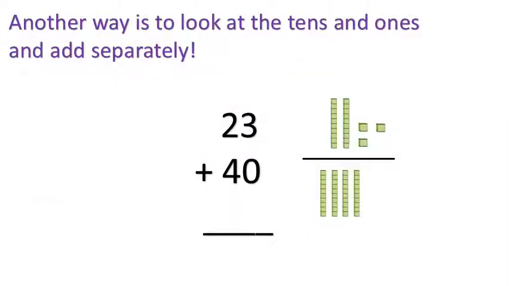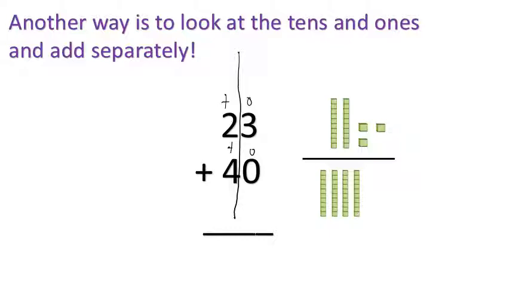Another way is to look at the tens and ones and add separately, which is what I said before, right? So here I have in my first group what? 23. What's in the ones place? 3. What's in the tens place? 2. Let's look at 40. What's in the ones place? 0. What's in the tens place? 4. That's right. So I'm going to separate them. I'm going to put an imaginary line down the middle. I'm going to separate them and add my ones place first.